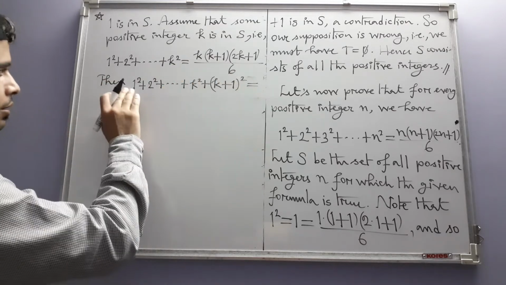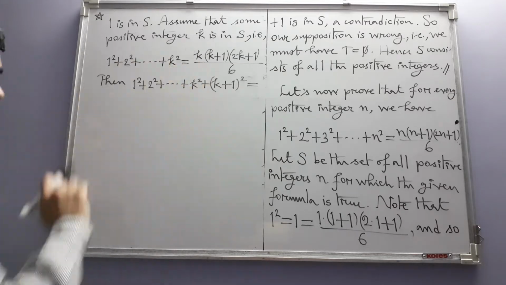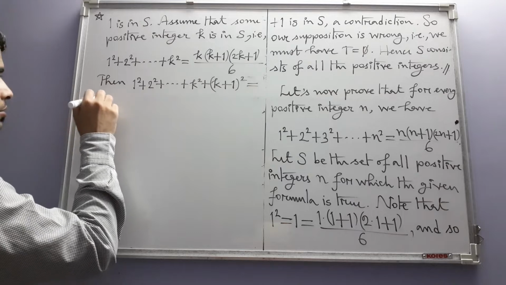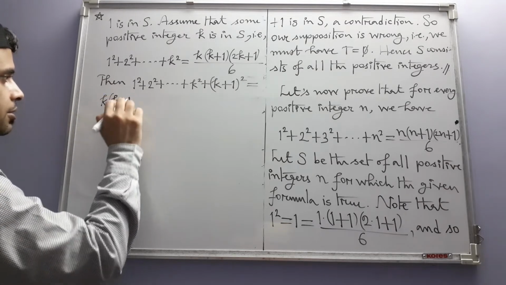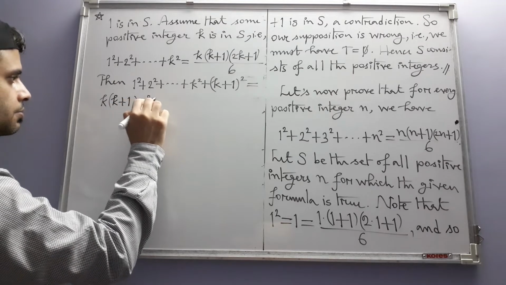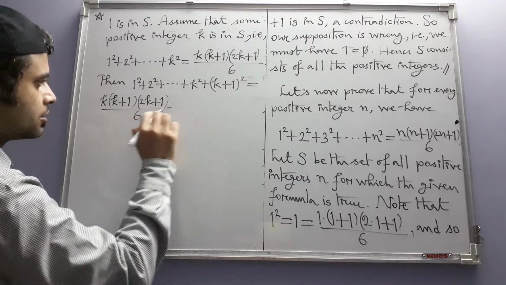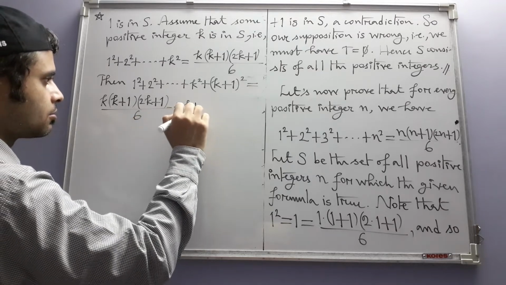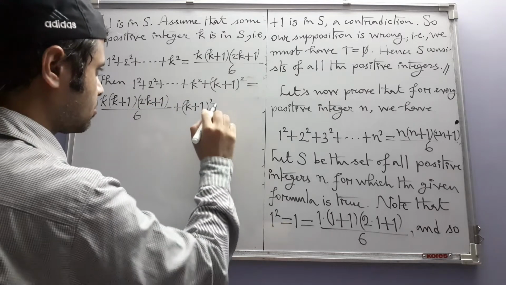Ignoring the last term, the rest of them give us this left hand side. So this is equal to k times k plus 1 times 2k plus 1 divided by 6 plus k plus 1 squared.